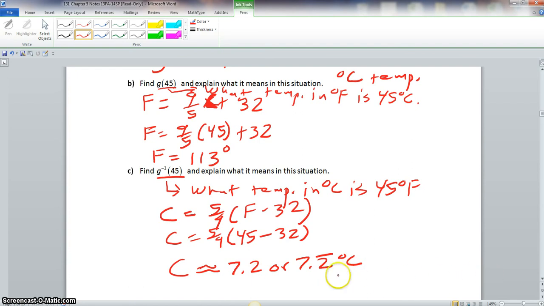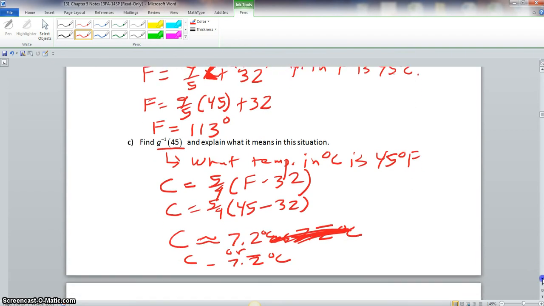So it just depends. Or we could write C is equal to 7.2 repeating decimal degrees Celsius. And this here also is degrees Celsius. So either one of these answers would suffice. Now, we scroll to the next page.